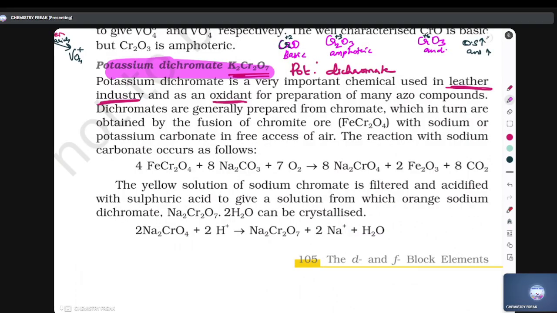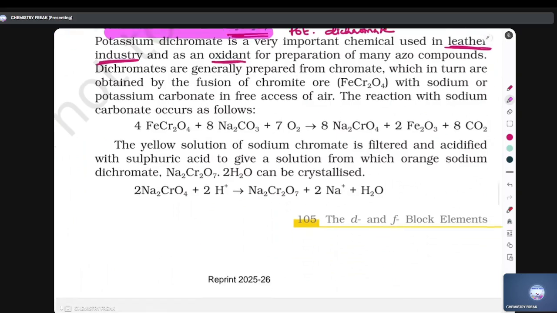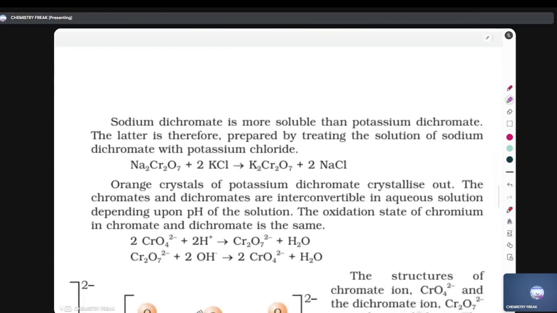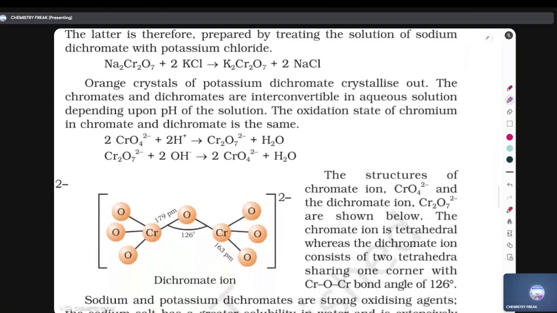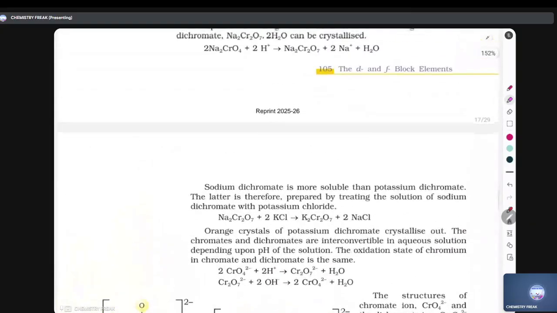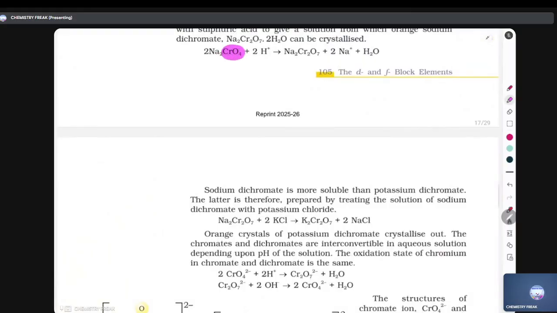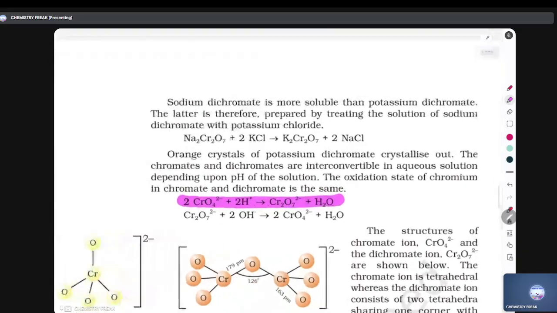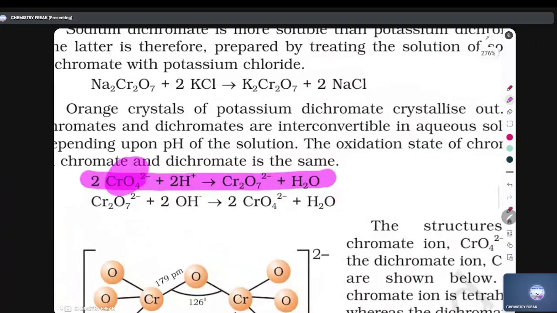So we have prepared this potassium dichromate salt, which is shown on the screen. It is given in NCERT, right? Then what are we understanding? Reaction step number 2: chromate when treated with acid becomes dichromate. The same step is given here.